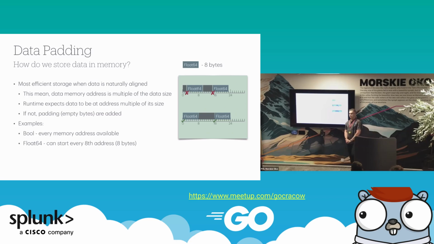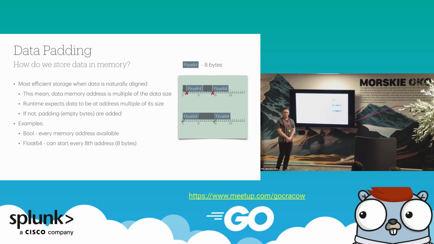The most efficient storage is achieved when the data is naturally aligned. Naturally aligned means that the data starts at an address that is a multiple of the size of the data.